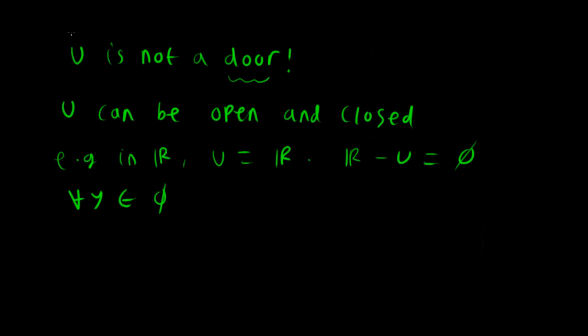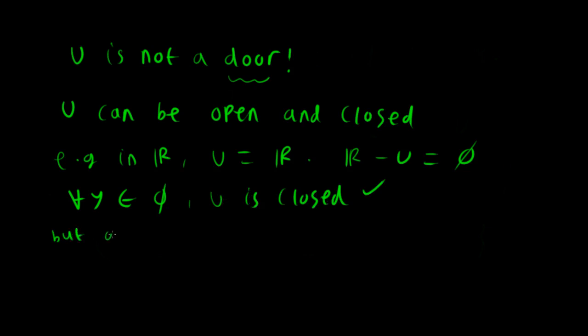But also, U is open, because if you pick anything in R, then the ball is going to be contained within it. So let me write here, U is closed, good.